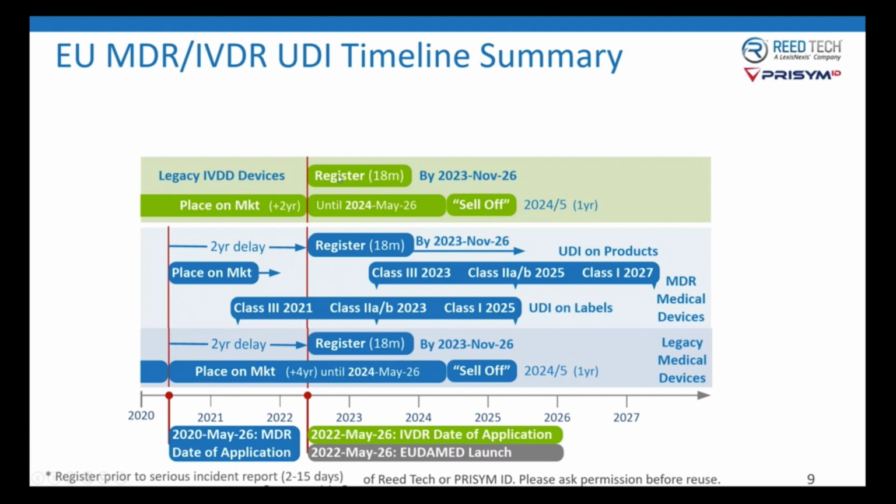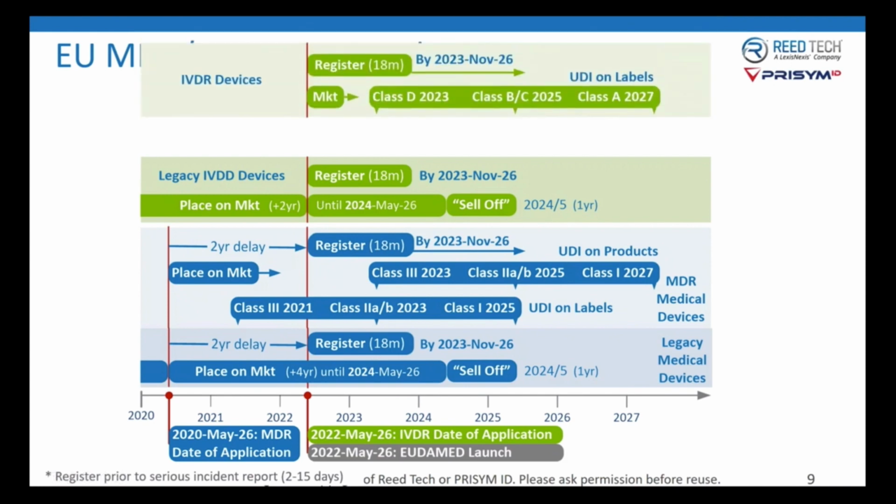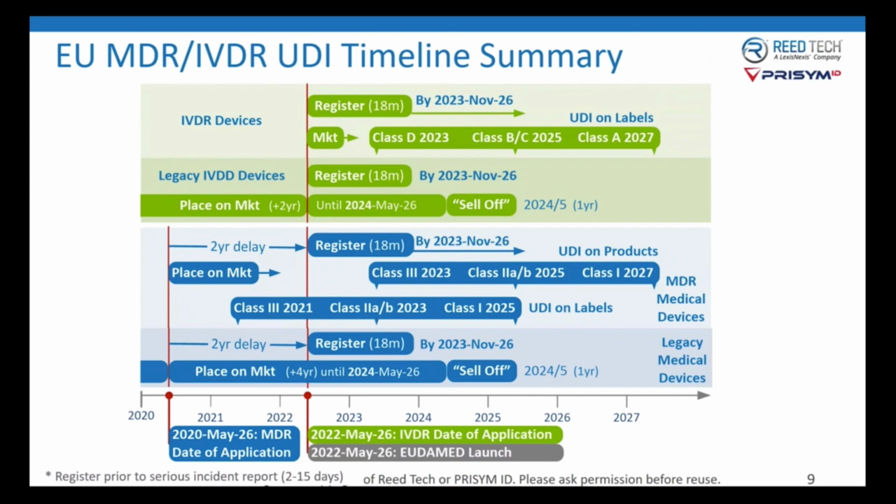And lastly, the IVDR devices, they can be placed on the market. Actually, you can gain approval a little bit early, but for the most part, after the date of application, they will need to have UDI placed on their labels, again, in a 1, 3, and 5 year scheduled timeline based on the particular class, whether it's A, B, C, or D. And the registration is, again, an 18-month window and then thereafter.